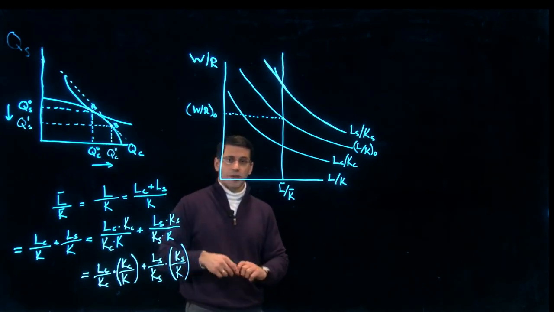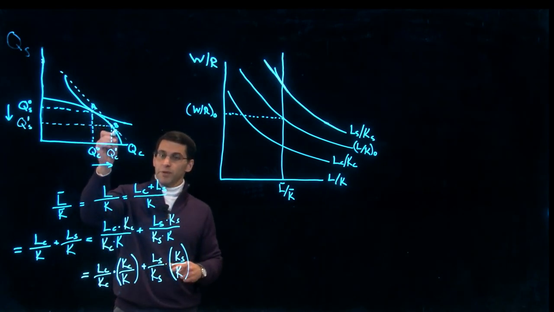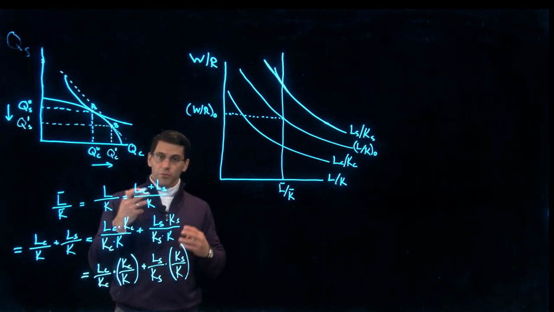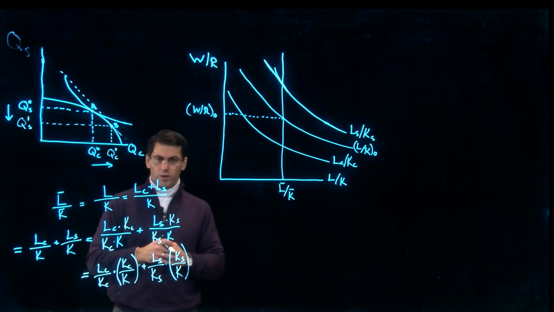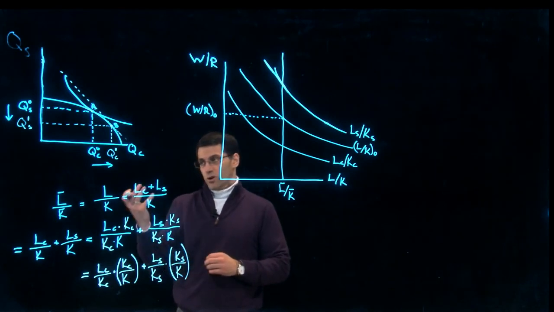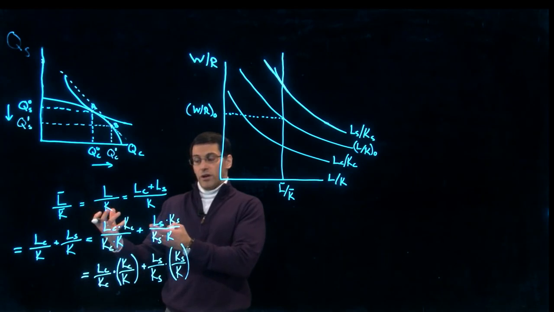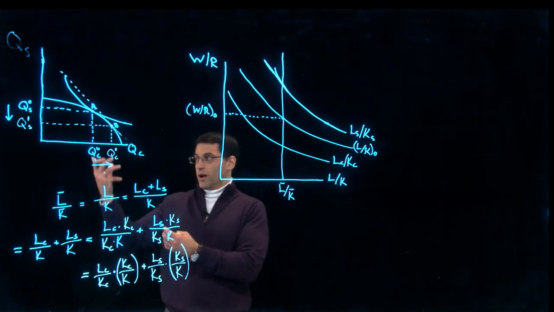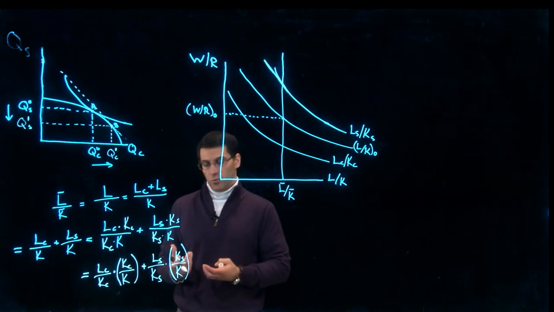We'll go back to our PPF. What we saw here was that our production shifted from A to B. Increase in computer production, decrease in shoe production. So what does that mean? Well, in terms of our weights, in order to increase computer production, we're going to have to pull both labor and capital out of shoes and into computers in order to expand computer production.